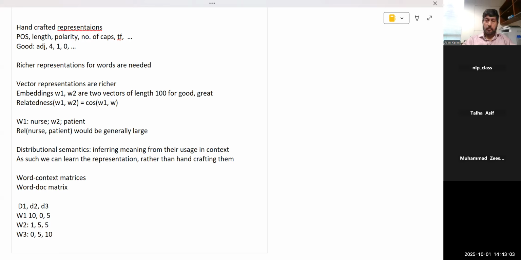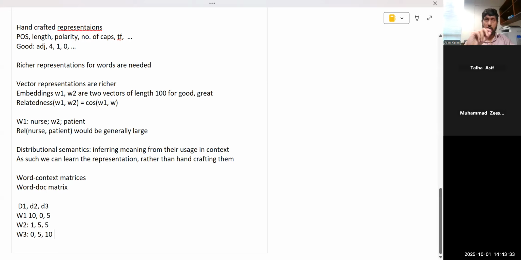So now we have this matrix in which we have a representation for W1, W2, W3 that is defined by these three documents. And these three documents represent context. W1 का vector of size 3, W2 का भी size 3 है, W3 का भी size 3 है. And then we can maybe use cosine similarity to find the relatedness between these two words based on how they are used in these three documents.